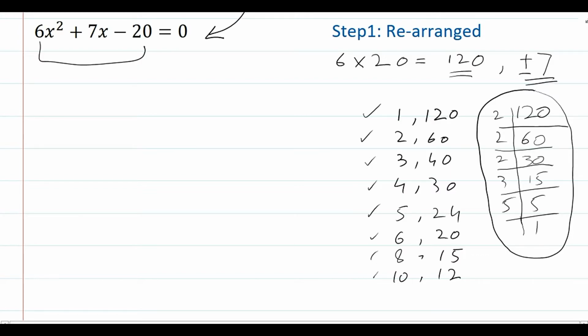All these pairs, when you multiply them, you get 120, and now you have to choose the suitable pair from which by adding or by subtracting your answer must be 7, and this is the suitable pair.